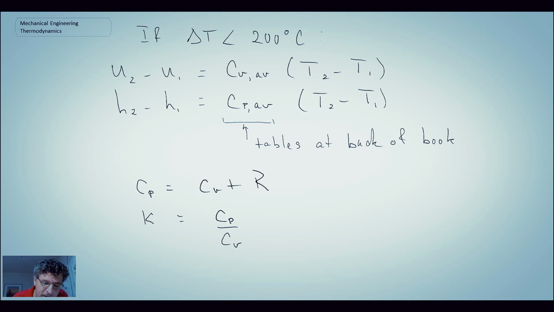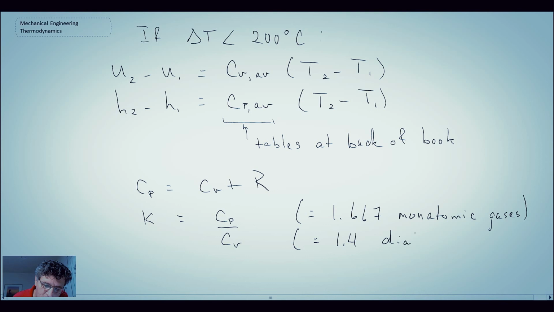The ratio of specific heats will depend upon the gases that we're looking at, but it is 1.667 for monatomic gases and 1.4 for diatomic gases and air.